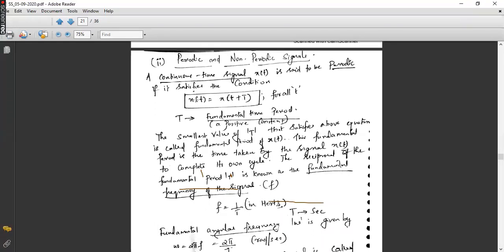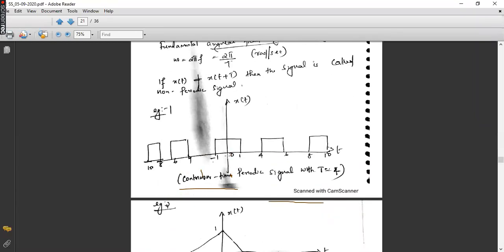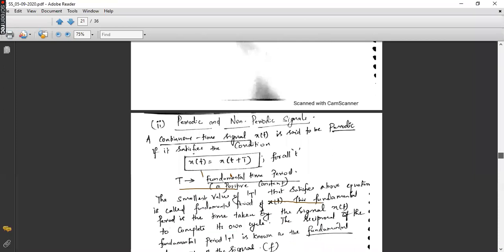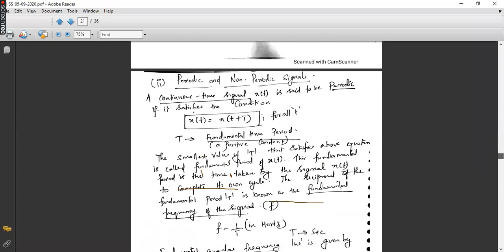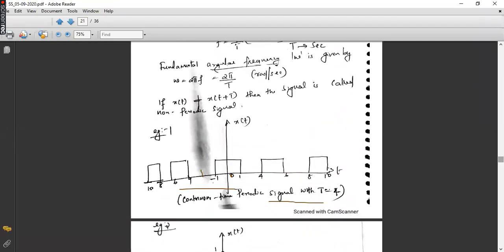So x of 0 should be equal to x of 4. What is x of 0? It is 1. Now what is x of 4? Again, it is 1.